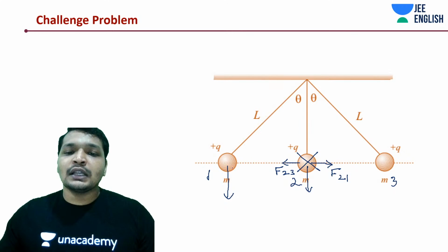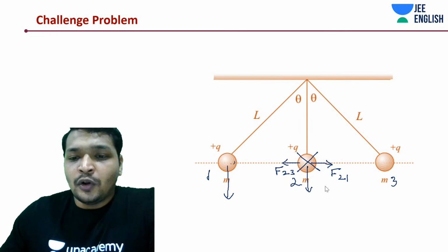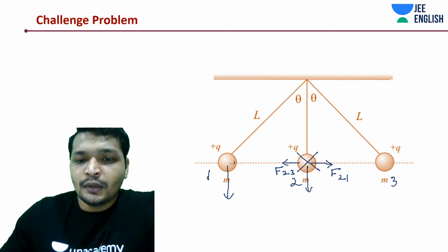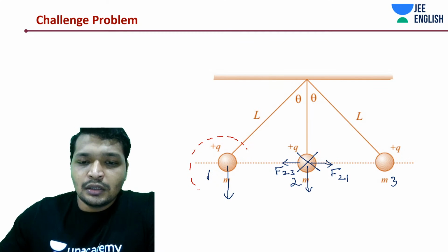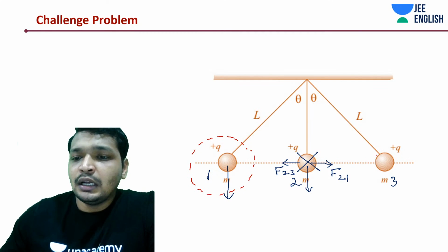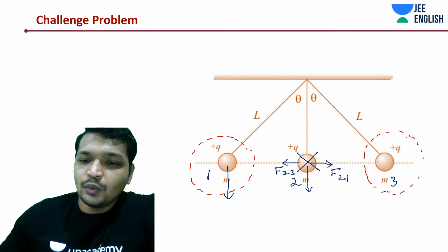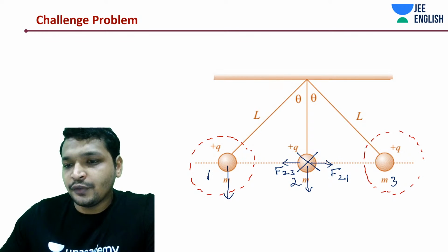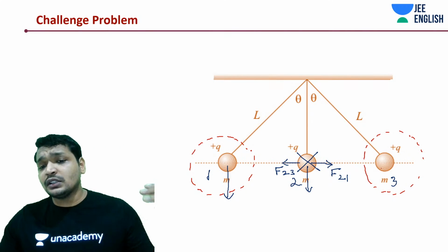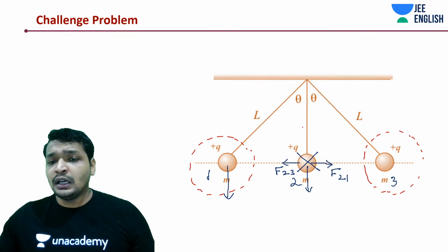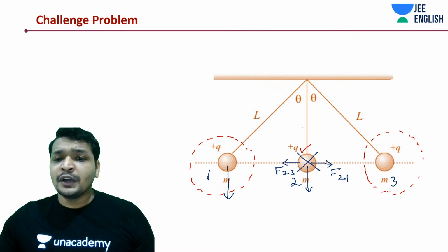One more thing: these two objects, this object and this object, would experience the same kind of electrostatic force. One is due to this charge and the other due to this charge.